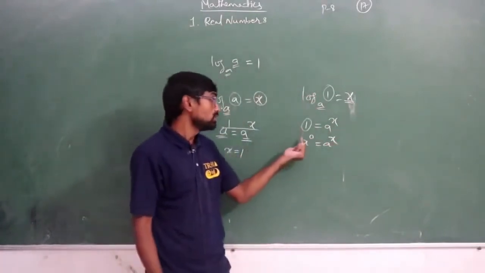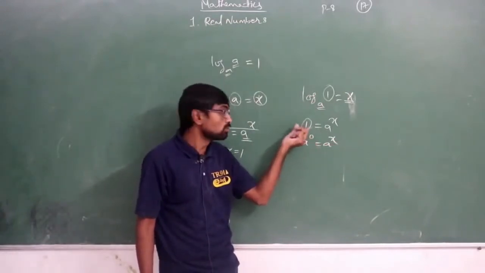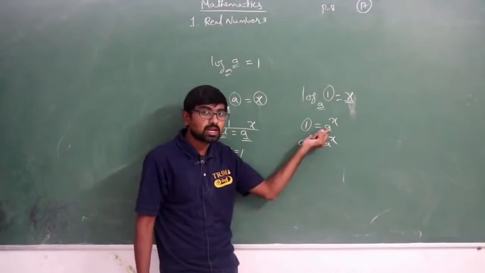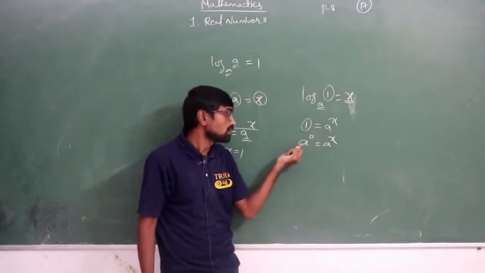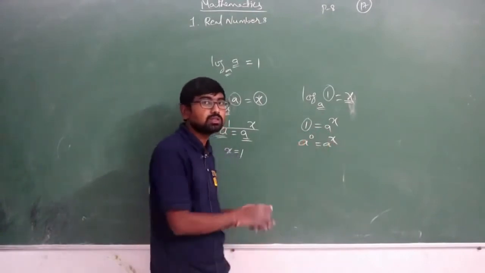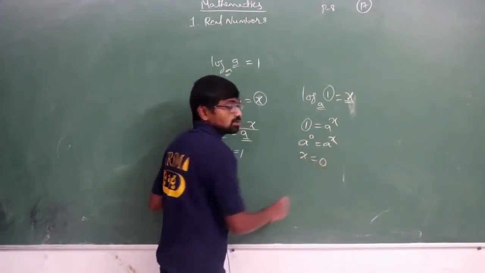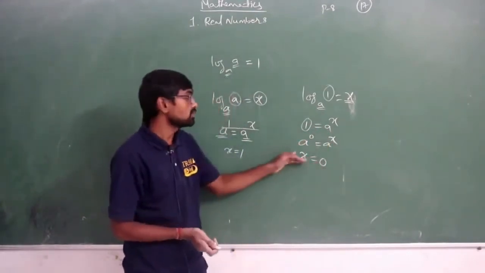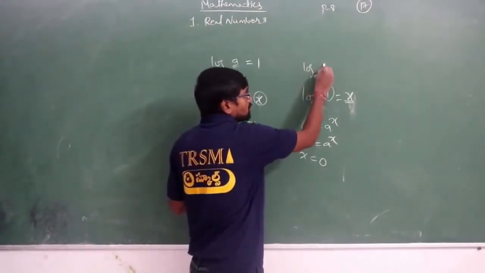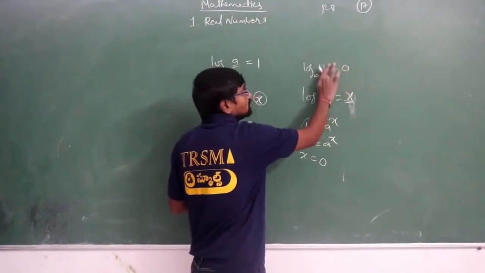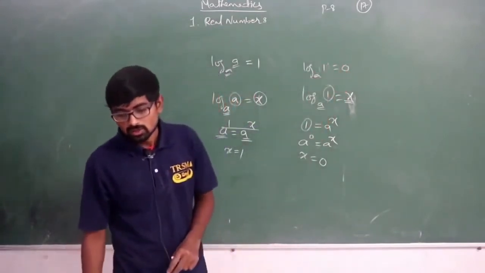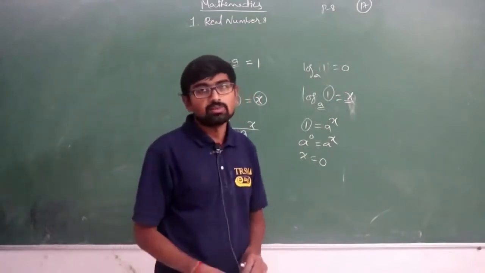Anything power 0 is equal to 1. So as bases are equal, powers are also equal. Therefore x is equal to 0. So we get the formula log base a of 1 is equal to 0. So this is how we find the laws of exponents in the logarithm.